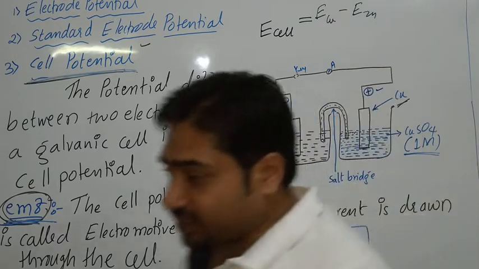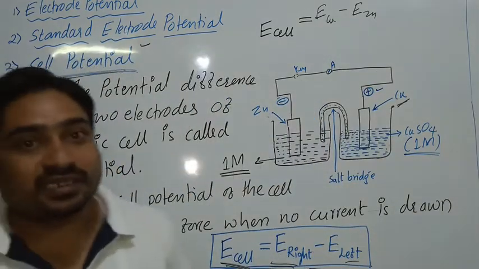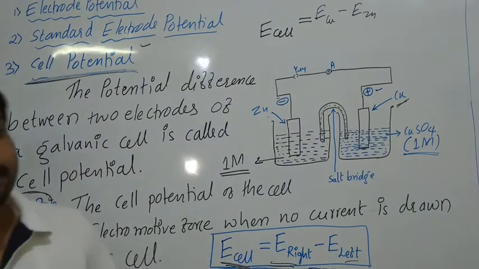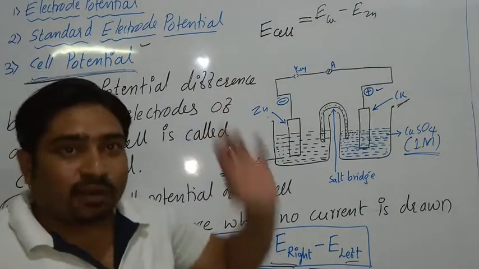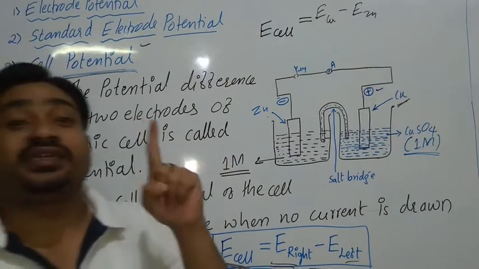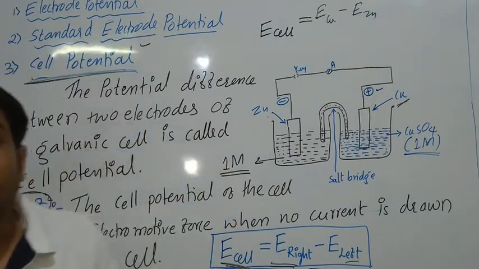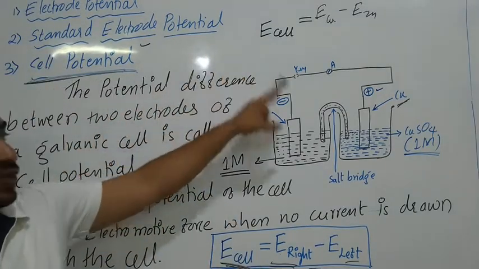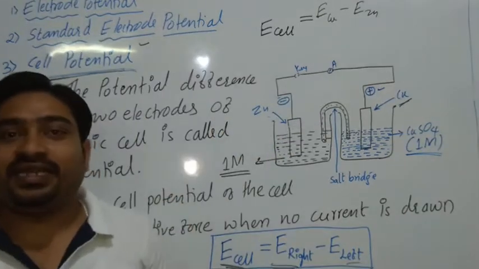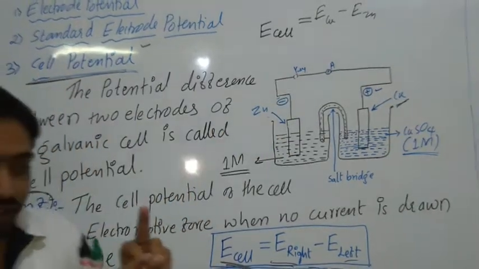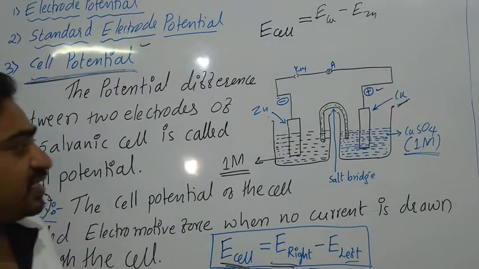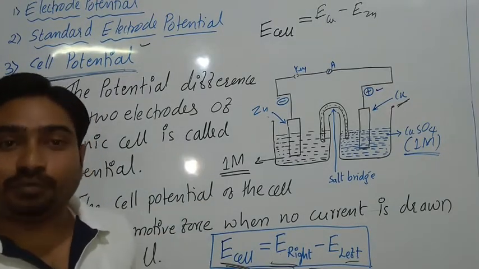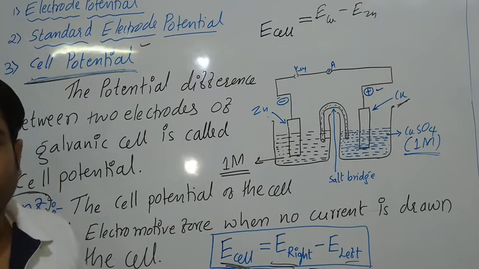In the first session, we discussed that according to IUPAC recommendations, we have to consider the standard reduction potential as the electrode potential. For every cell there exist two potentials: the reduction potential and the oxidation potential. We have to consider the standard reduction potential as the electrode potential.